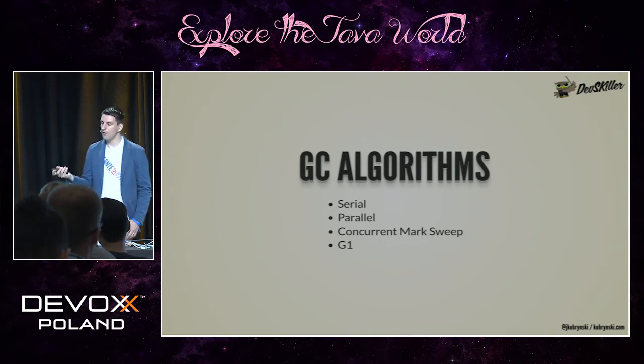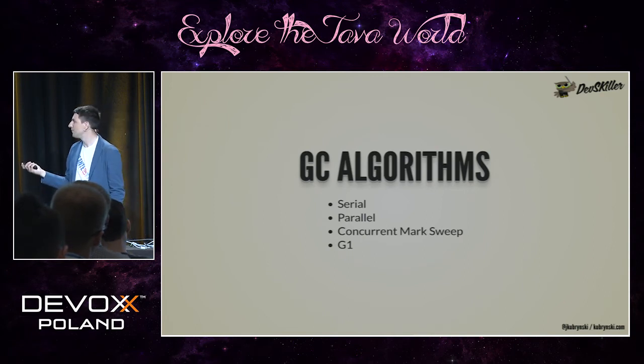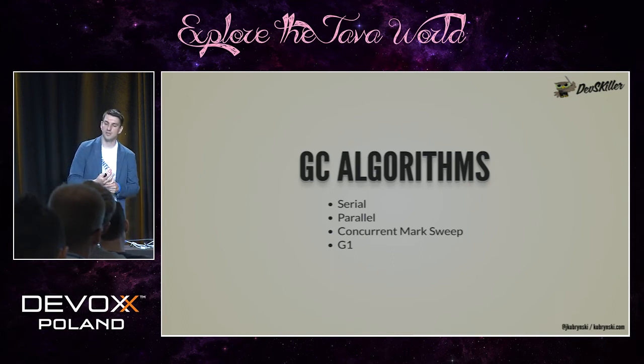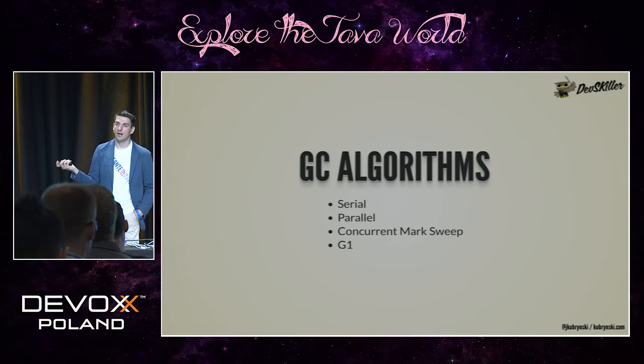And there are a lot of different GC algorithms that you can use, and some of them are for high throughput, some of them are for low latency, okay? There is a lot of information about the garbage collectors. What's important for you is just to choose the right garbage collection algorithm, which will do the job, okay?